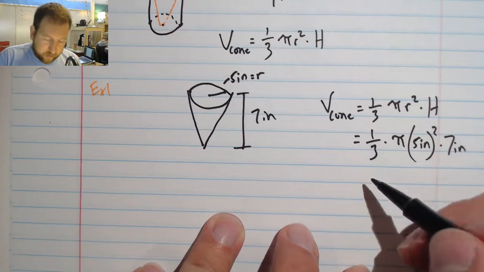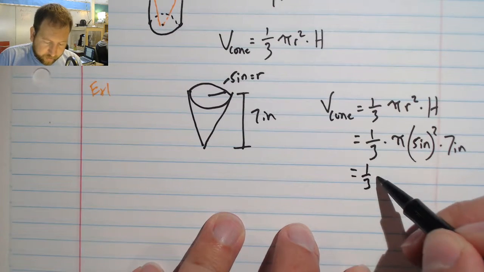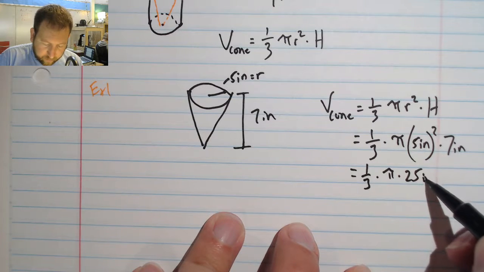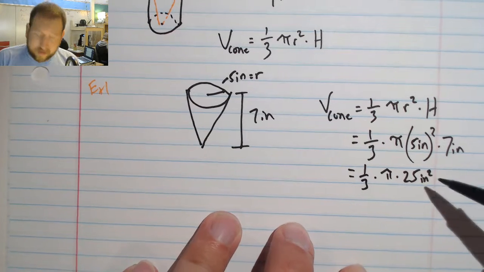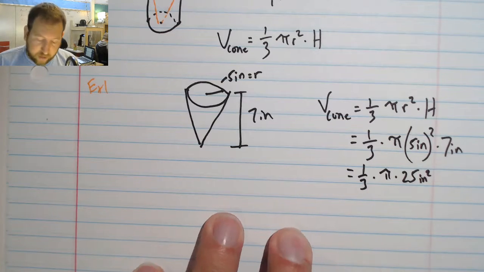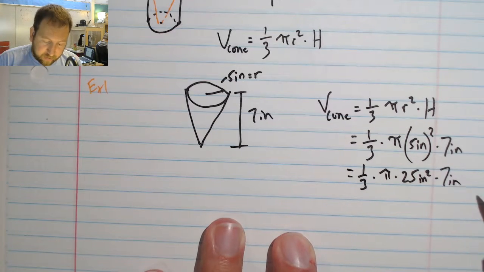5 inches squared is going to be 1/3 times pi times 25 inches squared. Remember that it's just the inches that are squared in this case, not the 25. I've already squared that one out. Times 7 inches.